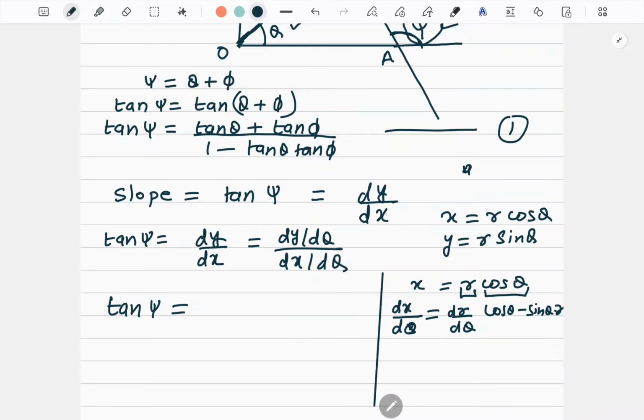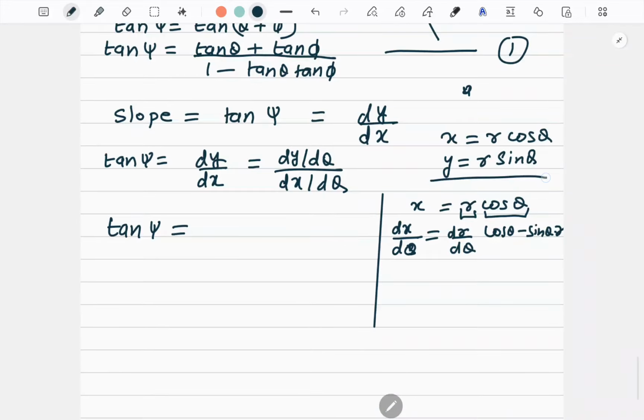Same way, I want to find the value of dy by d theta. Now y is equal to r sine theta. Again apply the product rule. So dy by d theta is equal to dr by d theta into sine theta plus r cos theta. Differentiation of this into this plus differentiation of this into this.